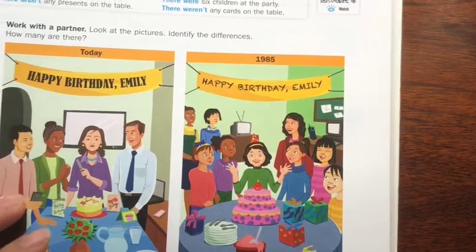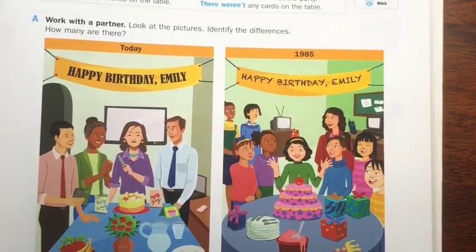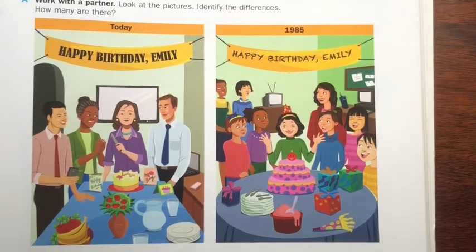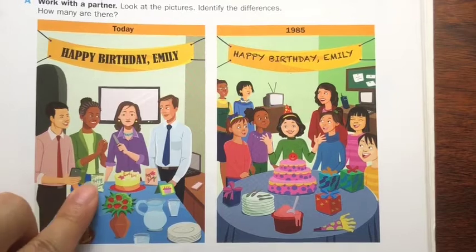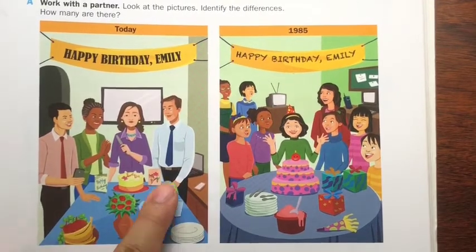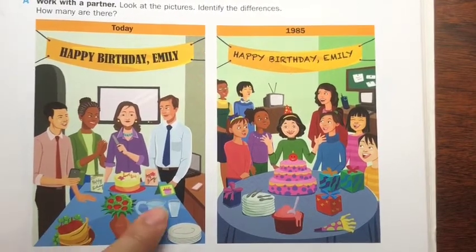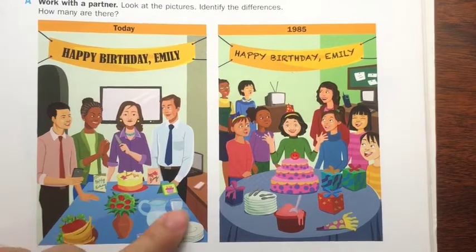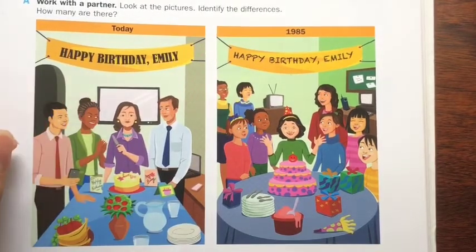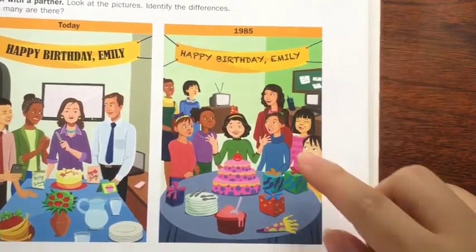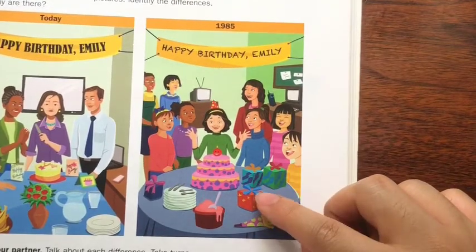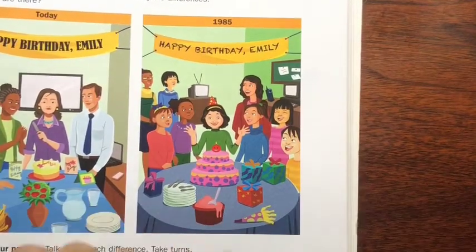Okay, so in this picture, let's count all the birthday cards. 1, 2, 3. There are 3 birthday cards at Emily's birthday party today. In 1985, there were no birthday cards.